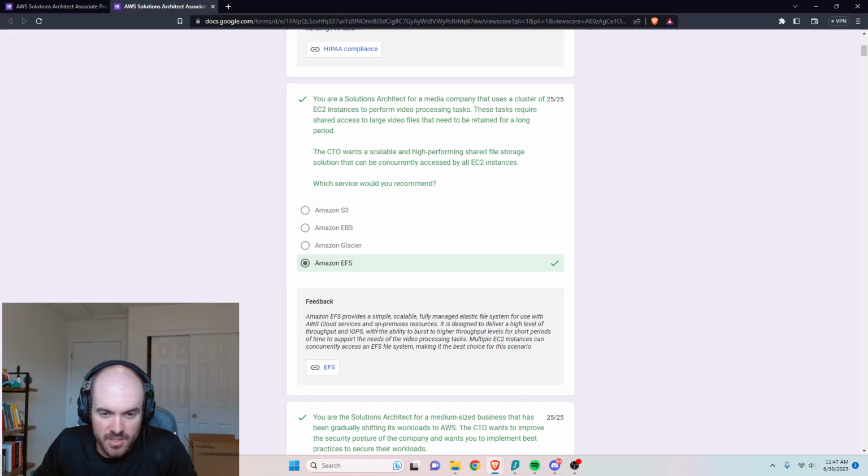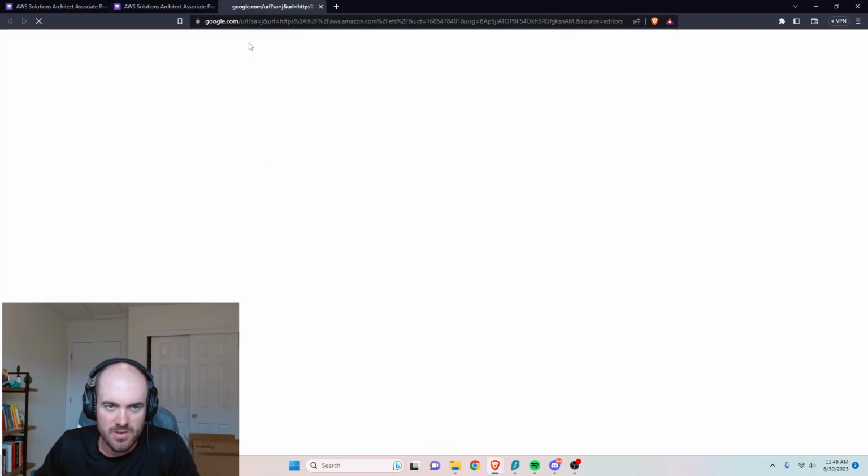For use with AWS cloud services and on-premise resources, it's designed to deliver a high level of throughput and IOPS with the ability to burst to higher throughput levels for short periods of time to support the needs of the video processing tasks. That was a long sentence. Multiple EC2 instances can concurrently access an EFS file system, making it the best choice for this scenario.